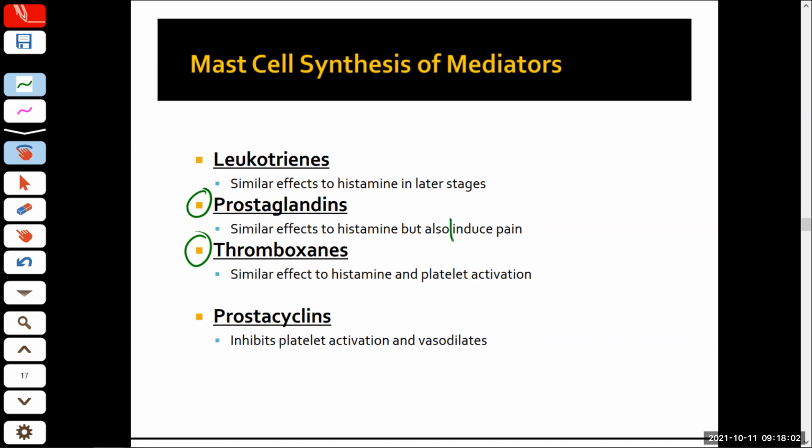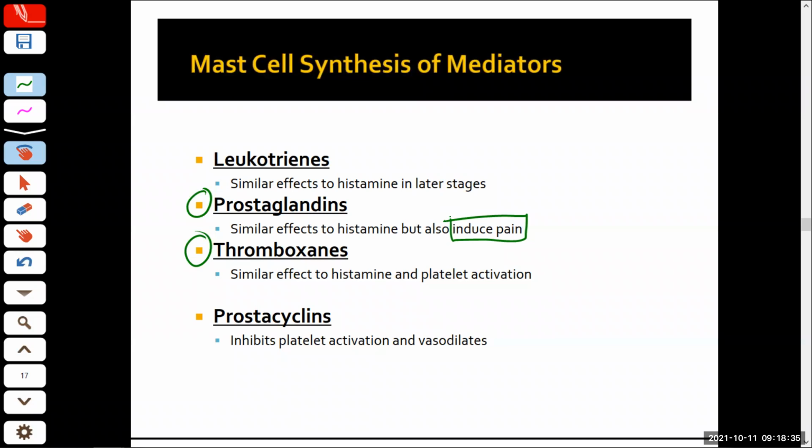New thing here, that causes pain. If I cut my finger, why do I want pain at my finger? Yeah, to let me know that there's an injury, that something has happened. So remember SHARP? That explains your pain. Okay. So what chemical causes pain during inflammation? Prostaglandin is the chemical that comes from mast cells.